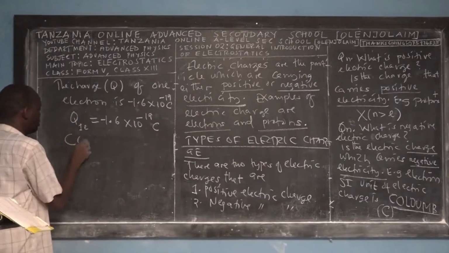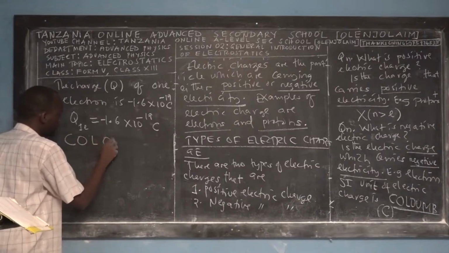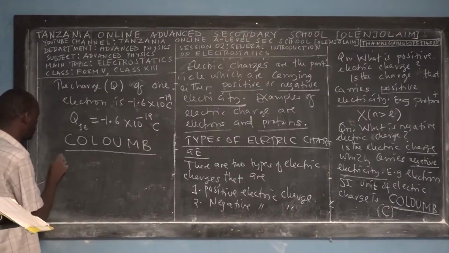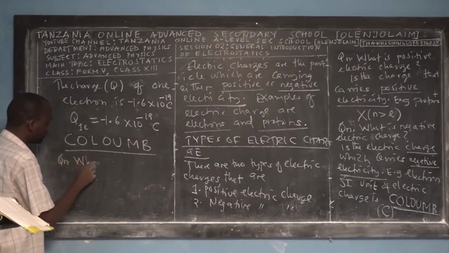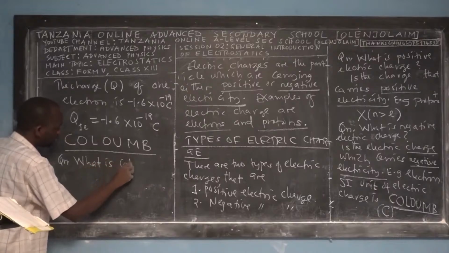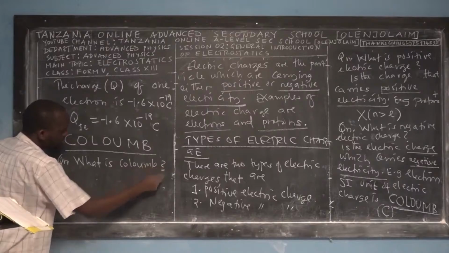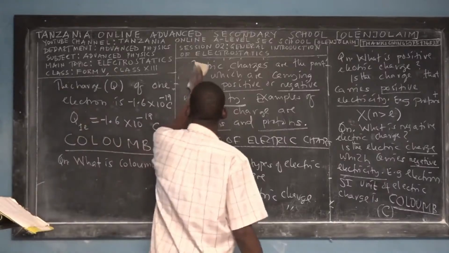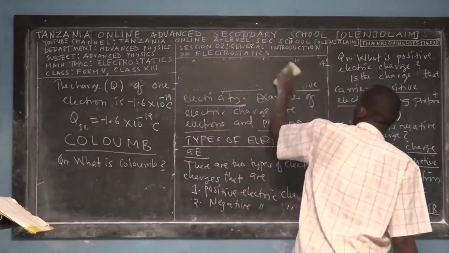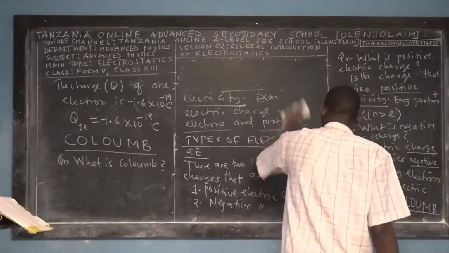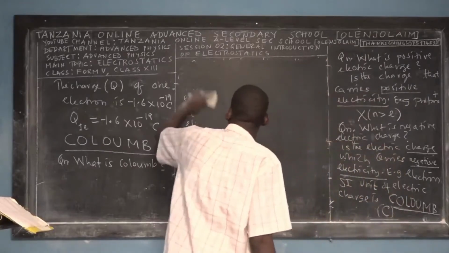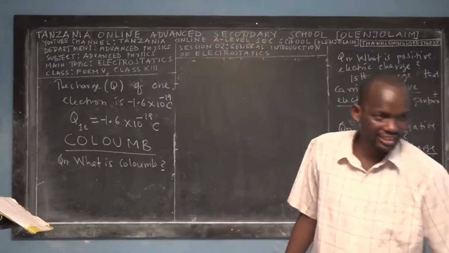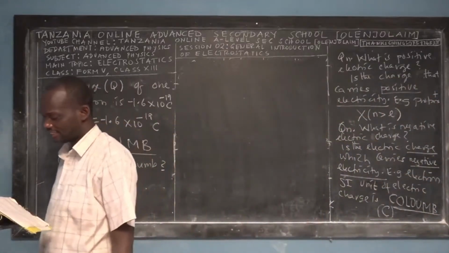Say Coulomb. So the fundamental question is, what is Coulomb? Take a moment and think about Coulomb. You can say Coulomb is a unit of electric charge. We are going to be talking about Coulomb and about electric charge for possibly three-quarters of electrostatics.